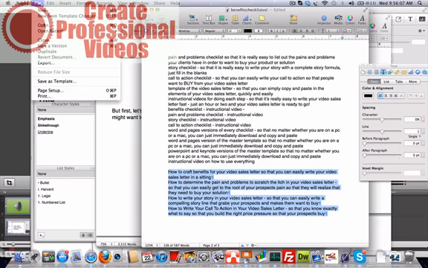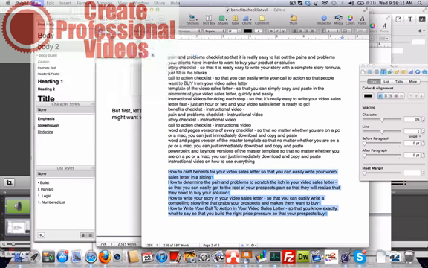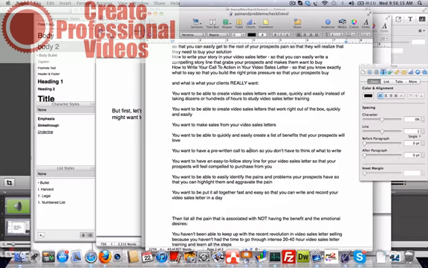In our pain and problems checklist, what we did was create the "so that" statements talking about what your clients really want. In our case, we created these from the perspective of the ease of having a templated system.